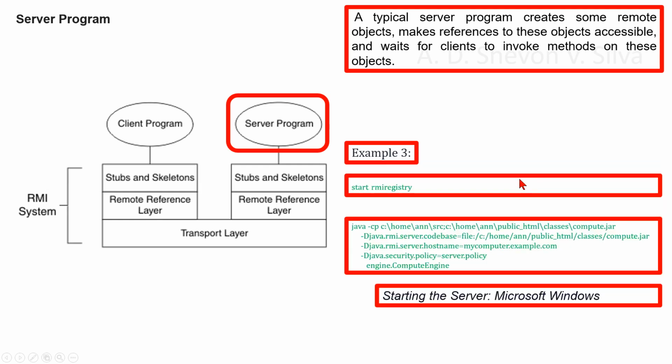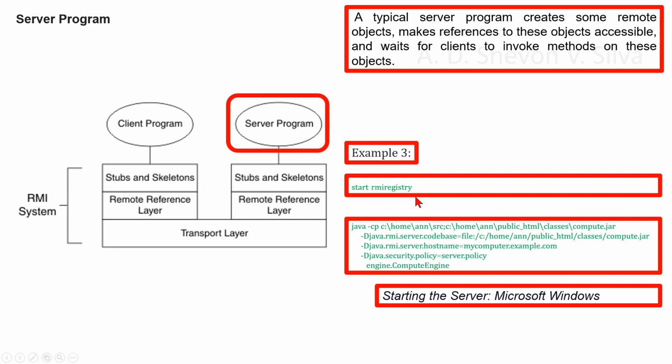As example 3, we can consider starting the server in Microsoft Windows. Before starting the server, you need to start the RMI registry.